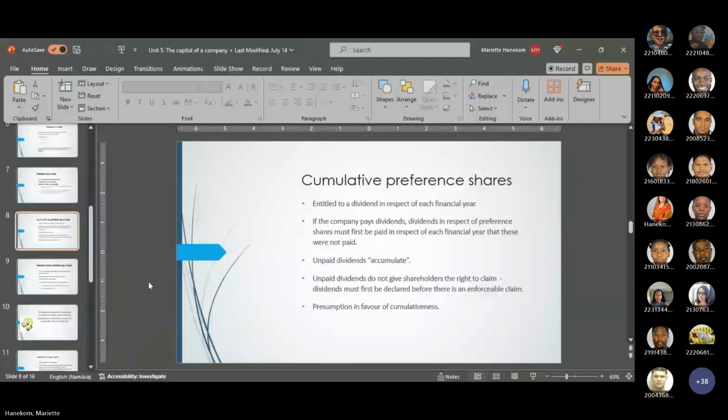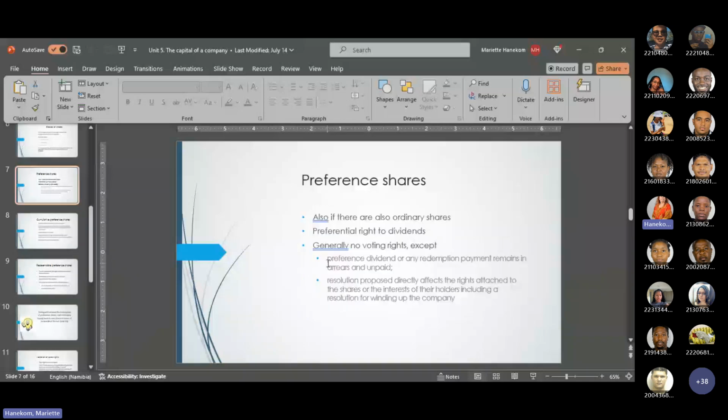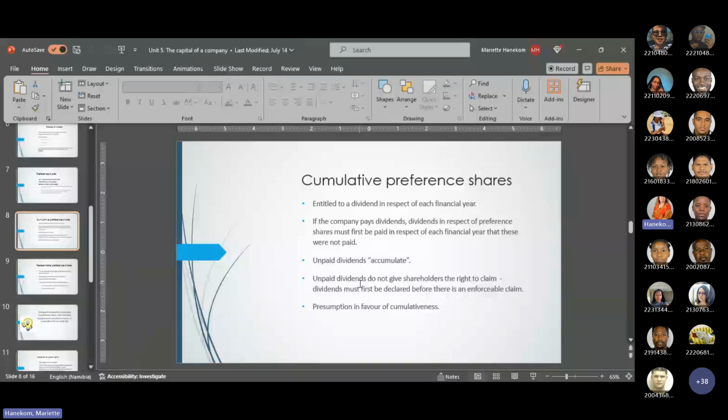Now, first of all, talking about preference dividend or any redemption payment remaining in arrears and unpaid. This is relevant to a particular class of preference shares, which is referred to as cumulative preference shares. Cumulative comes from the word accumulate.